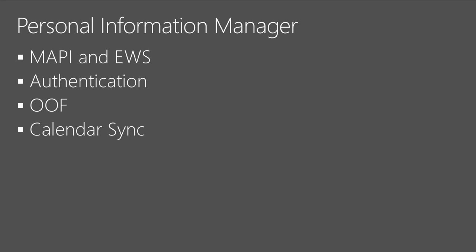Some of the things that you might hit with the challenge here are if you have multiple profiles configured in your Windows profile for email, that primary profile has to be set to automatically log on, and it'll connect via MAPI.